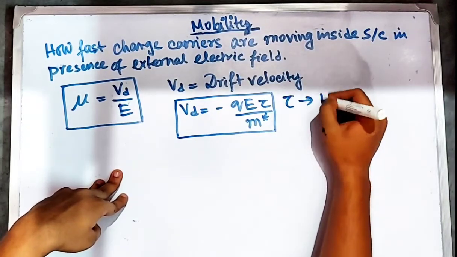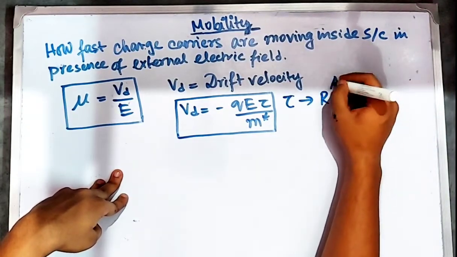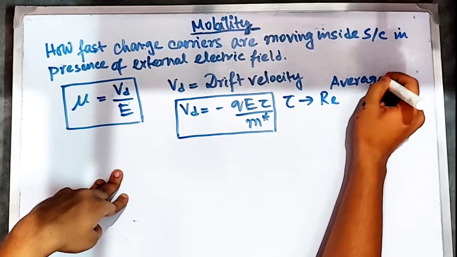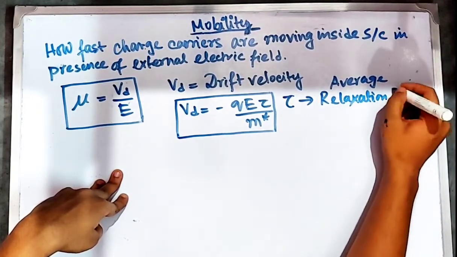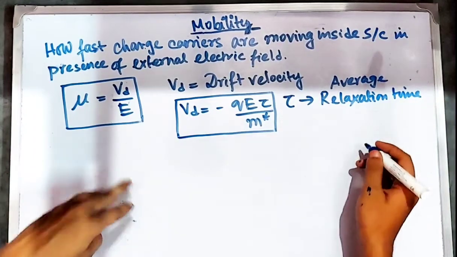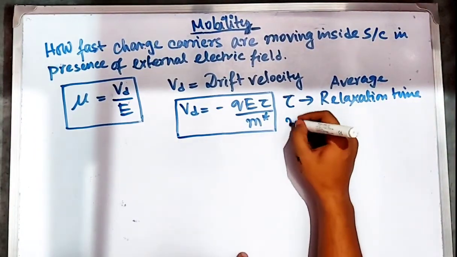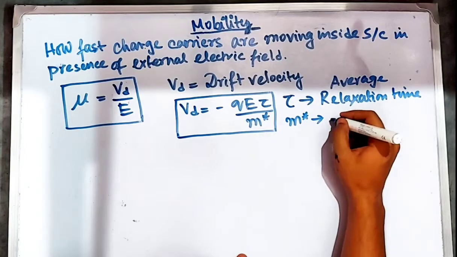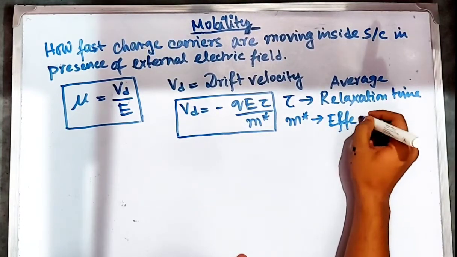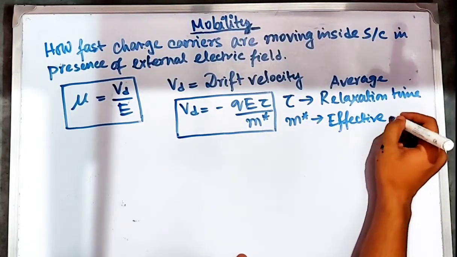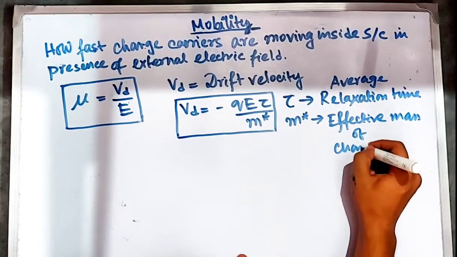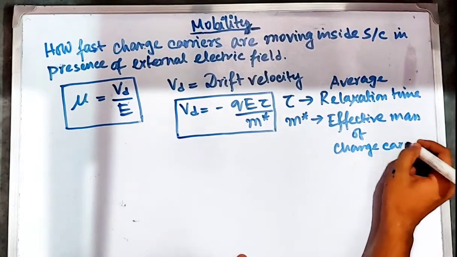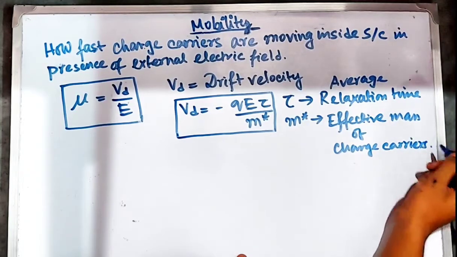Where tau is the average relaxation time, and m star is the effective mass of charge carriers.